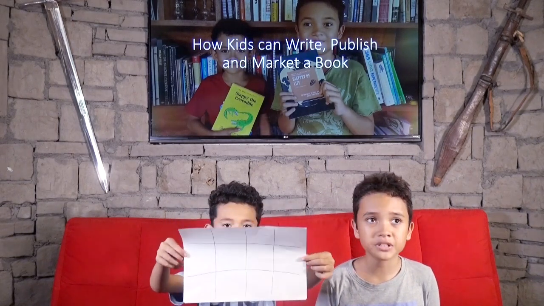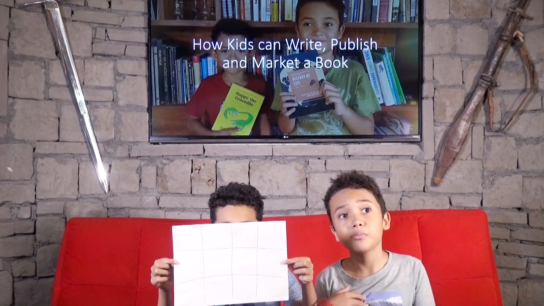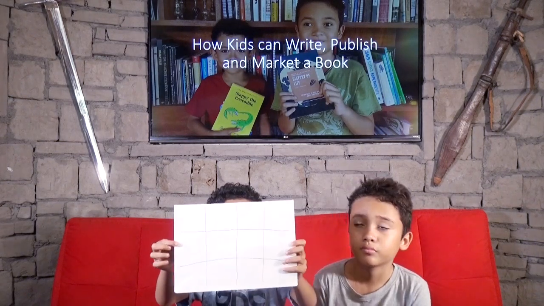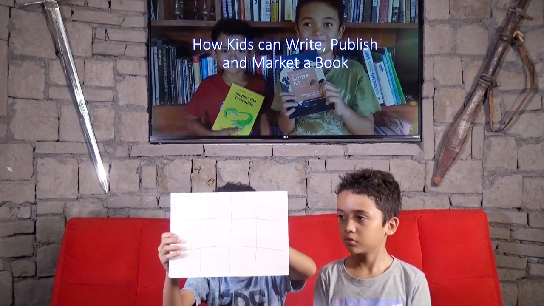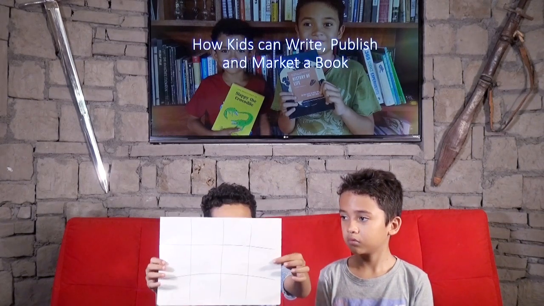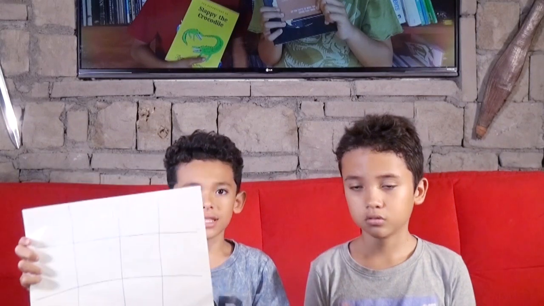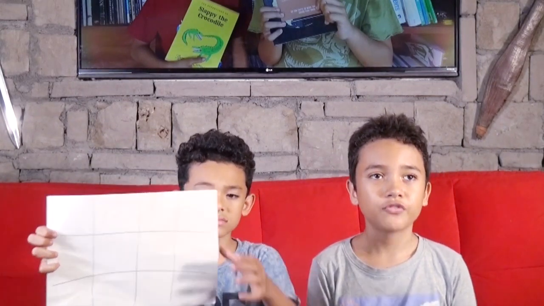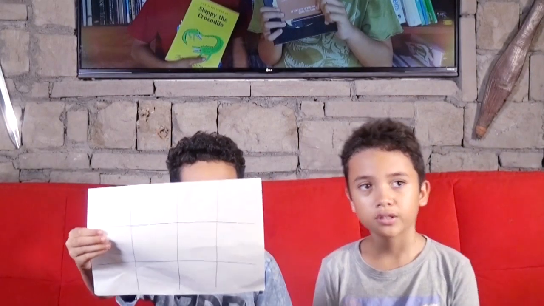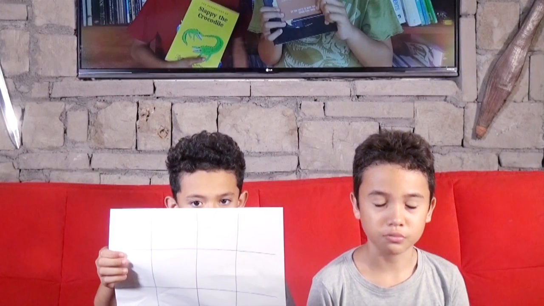You take a piece of paper and draw lines until you end up with 12 squares. It's 3 lines going up and down, and 2 lines going side to side. But storyboards can have lots, like 17, 16, 15. You can have as many as you want, depending on the size of the paper, of course.